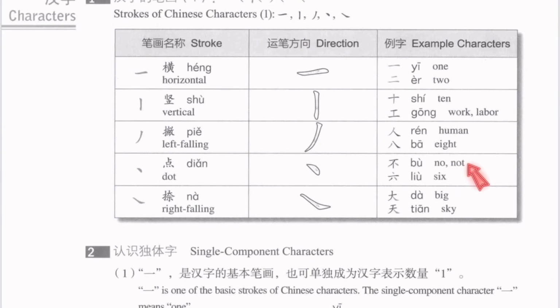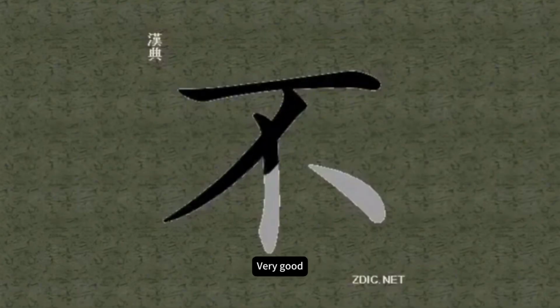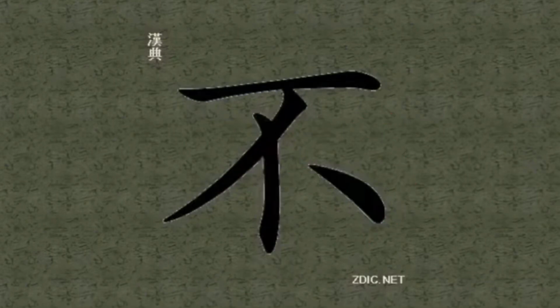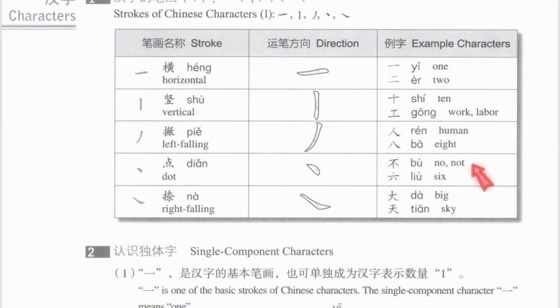Adult. 不. How do we write it? Very good. This part here is the 点. 六, 六, 6.